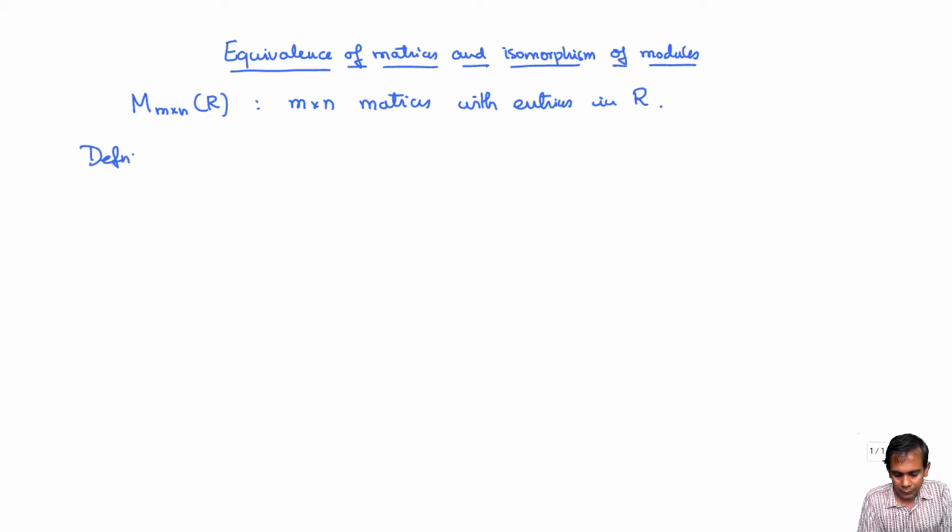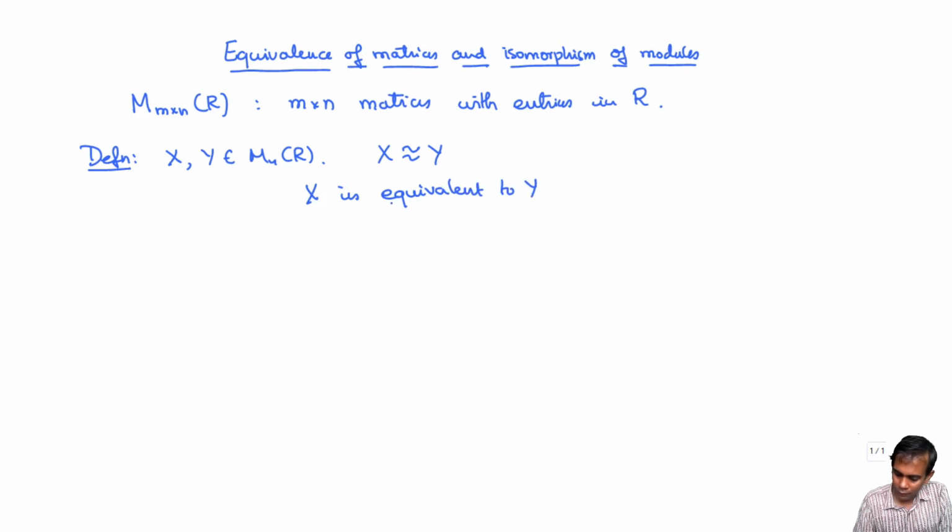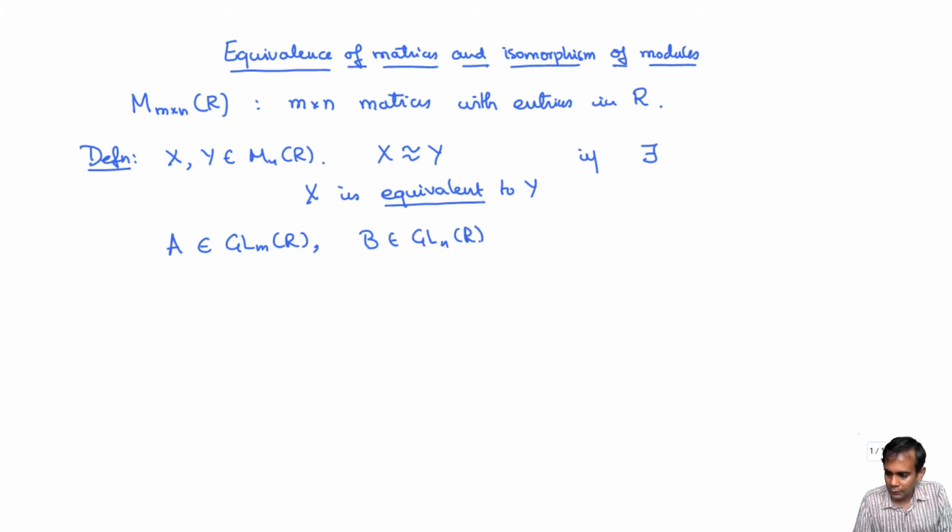Definition: we'll say that X, Y in M_{m×n}(R), we say that X is equivalent to Y if there exist two matrices A in GL_m(R) and B in GL_n(R) such that Y is equal to AXB.